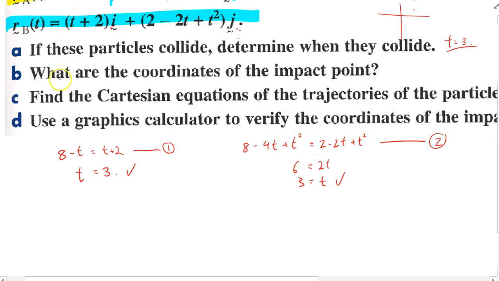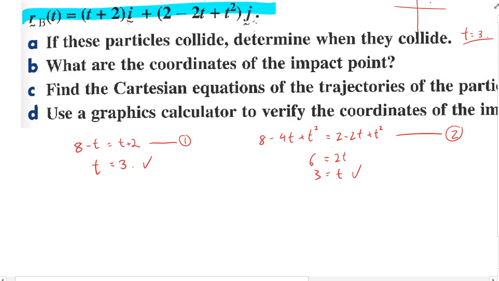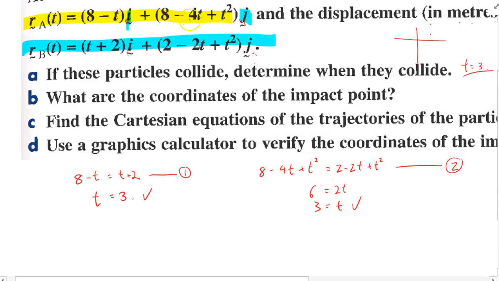Okay, what are the coordinates of the impact point? Really, we're saying what will the i component be and what will the j component be of our impact point? So I can sub it into either one of these. So I can say particle A at time 3. Really, the question I'm asking is where will you be?